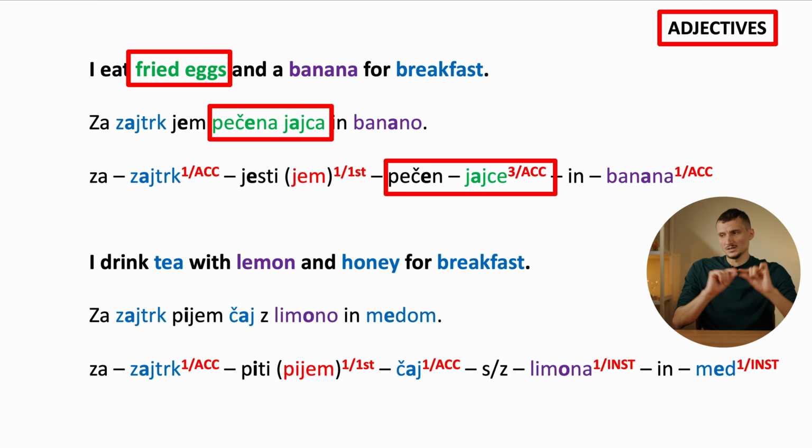Writing all of this out can get really long, so it's friendlier to read this way because it's unnecessary. By knowing Slovenian grammar, we know that if an adjective is in front of a noun, it just copies all of the characteristics. So for pečen, we should have written 3/acc there, but we don't. It's just pečen.